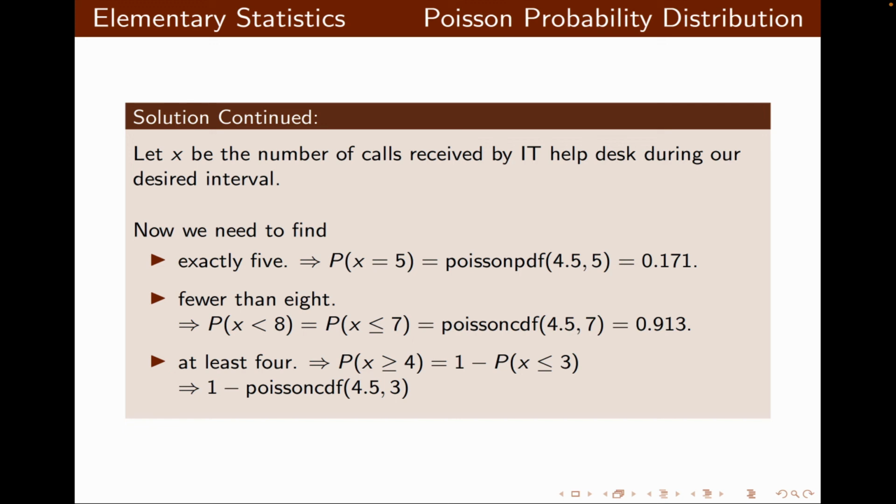So that would be 1 minus Poisson CDF with a mean of 4.5 and an x value of 3. And the answer for that is 0.658.